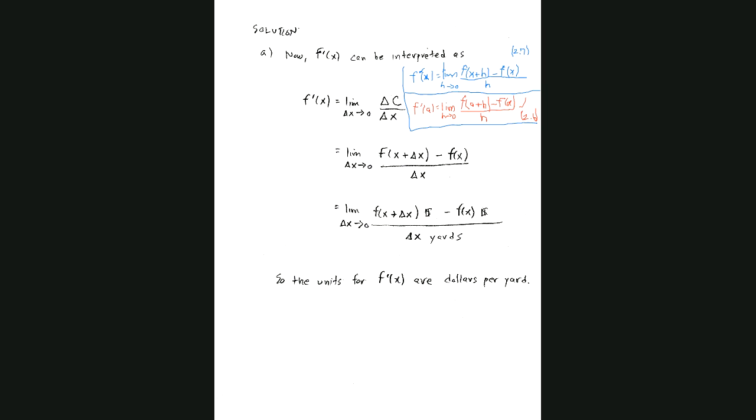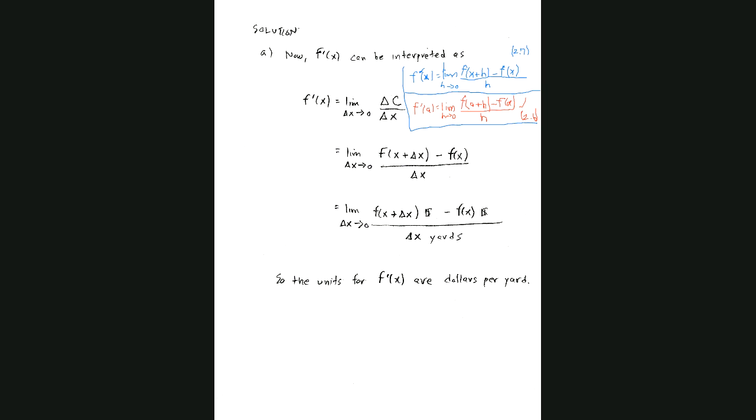But in this problem, they're saying, look, there are different ways to think about a derivative, but a derivative is always the difference of something in the numerator divided by the difference of something in the denominator. And oftentimes they call a difference a delta.